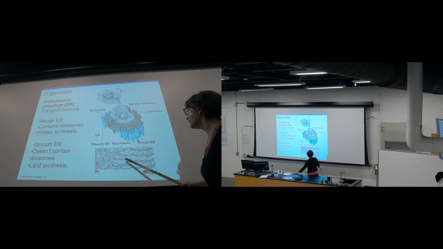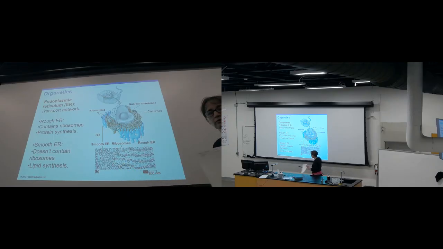So if you look at this transmission electron micrograph of these two organelles, they look a little bit different. Again, both are made of stacks of membranes, but on the right side, you see these little dots? This represents the ribosomes attached to the rough endoplasmic reticulum.